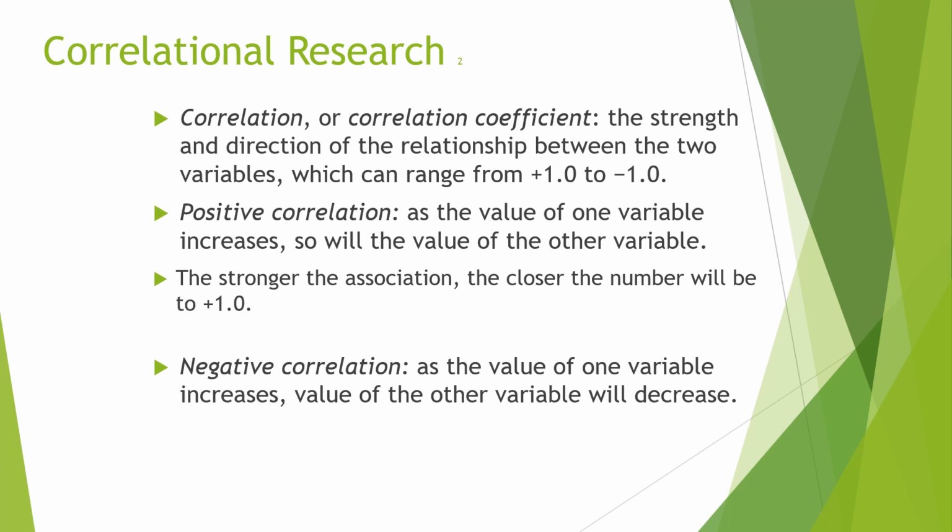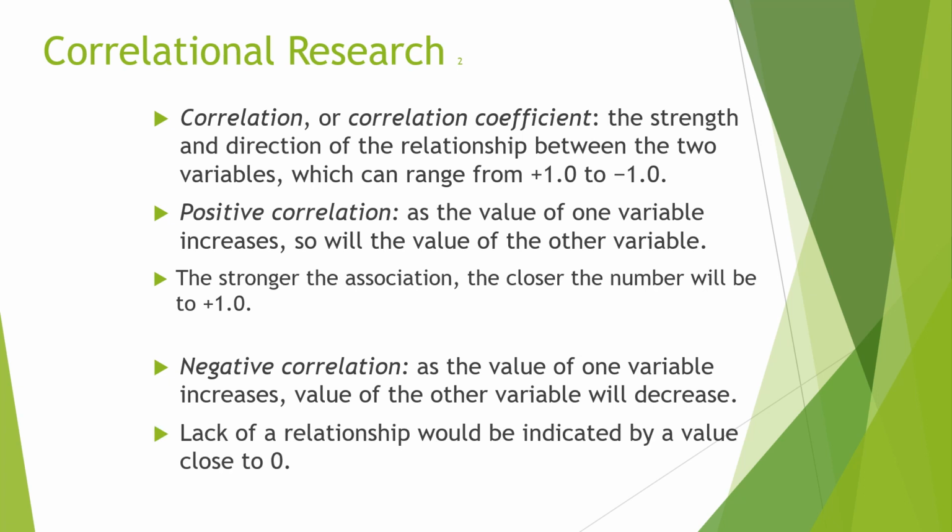The strength of the relationship is how close the number is to 1.0. The positive and negative has nothing to do with the strength of the relationship. If there is no relationship whatsoever between your two variables, then that would be indicated by a value close to 0.